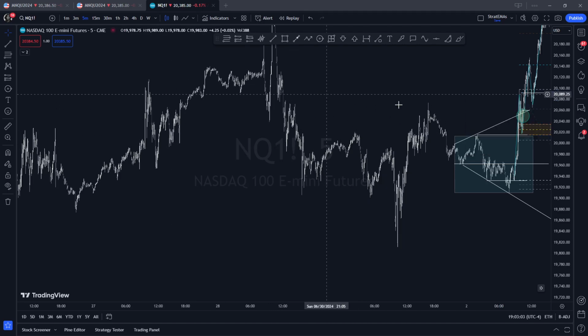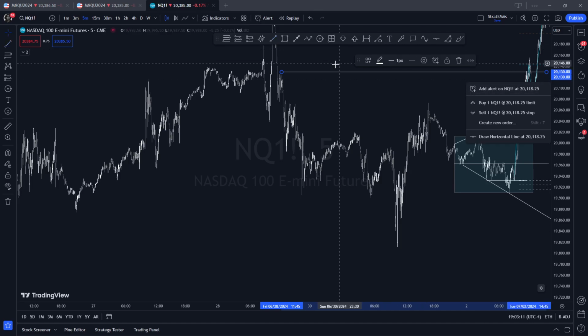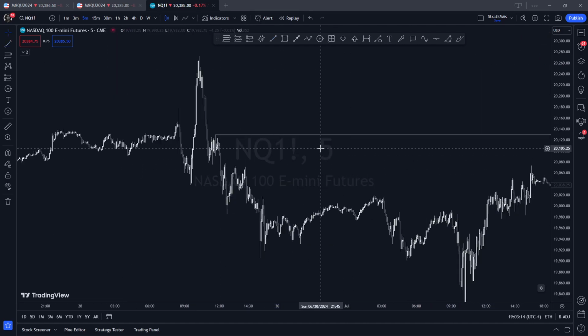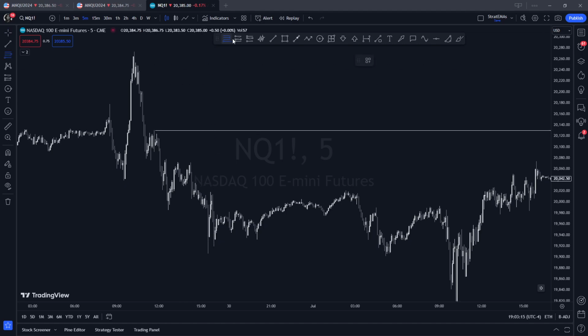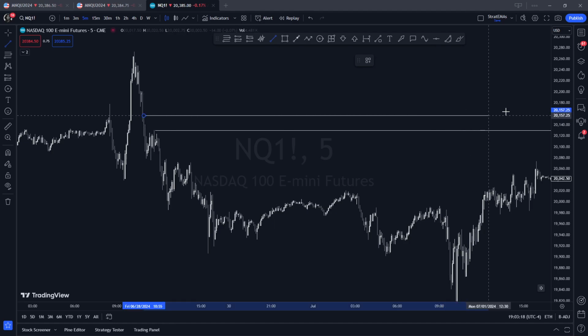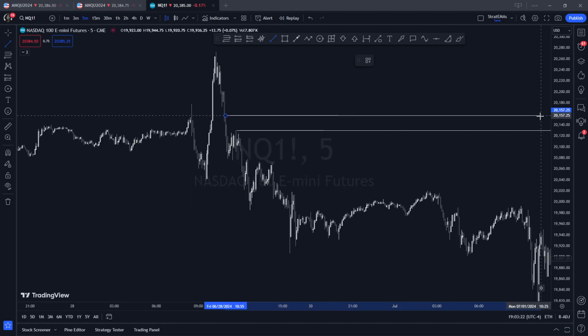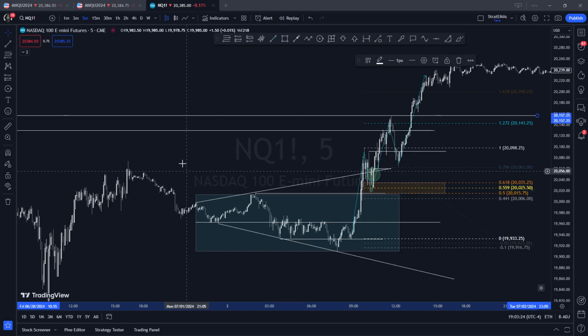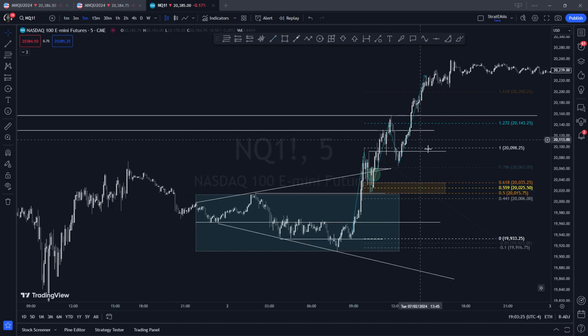If not there, then you're taking out this other level here, and if not that, then you're taking out this other high here. So this is your next target high, if you want to go so much further into that.